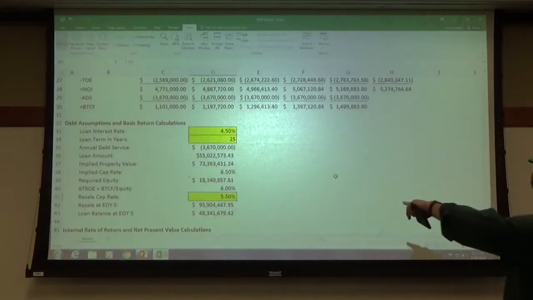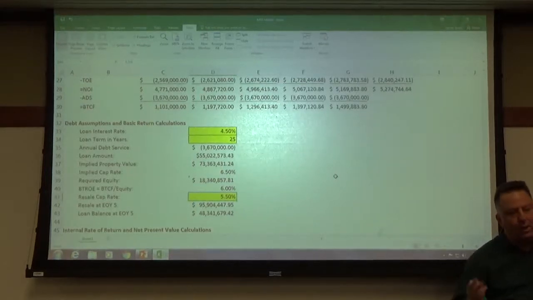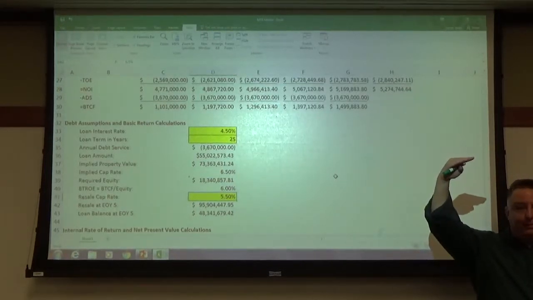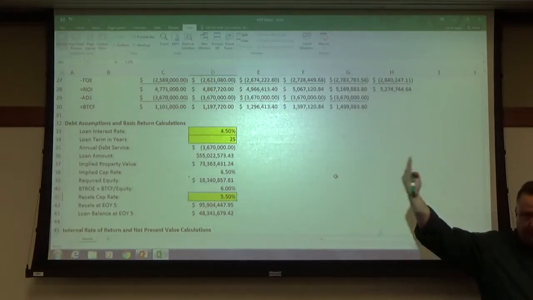All right, so resale cap rate. So here's the situation. Your original cap rate whenever you bought this property was 6.5%. And if you remember back to our whole discussion on cap rates, the higher cap rate implies higher, starts with an R, risk, okay?